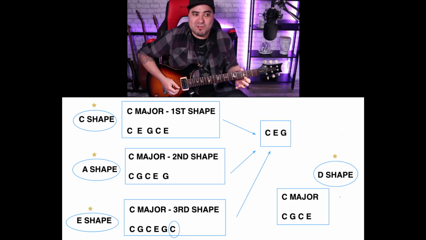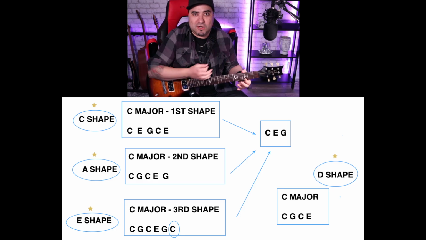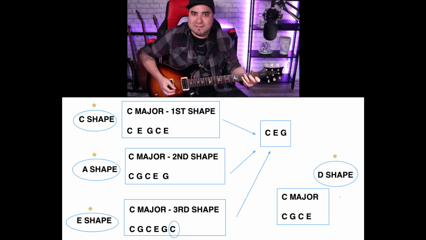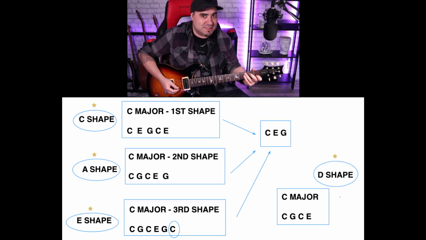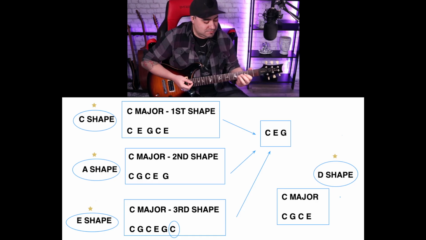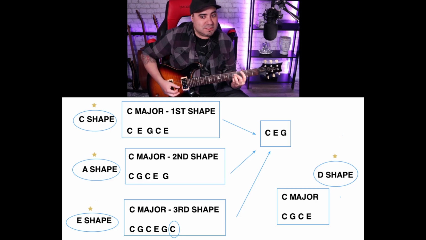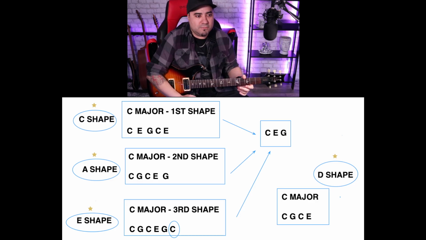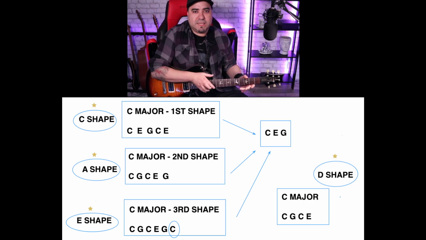For example, that G note, the other chord is not getting that. The highest note in this chord is the E note. And this chord will have the highest note as G, right? So that's the CAGED system.